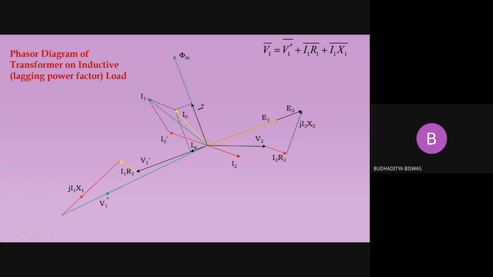In this way we get the value of V1, and the phase angle between the input voltage and the input current is phi1. This is the power factor angle of the transformer. So this is called the phasor diagram of the transformer at inductive or lagging power factor load.